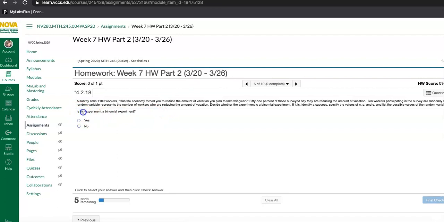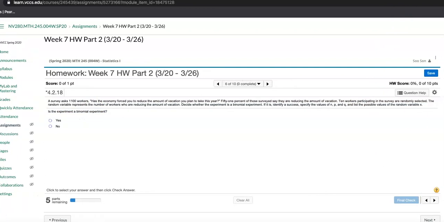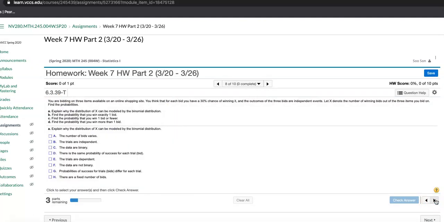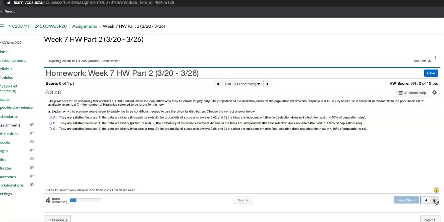So there are questions like, is this experiment a binomial experiment? You decide yes or no, and you'll have some problems where you have to find the probability. They're giving you P is 21%, 12 US adults. So very similar to what we did, but you're going to have to read them and try these, okay?